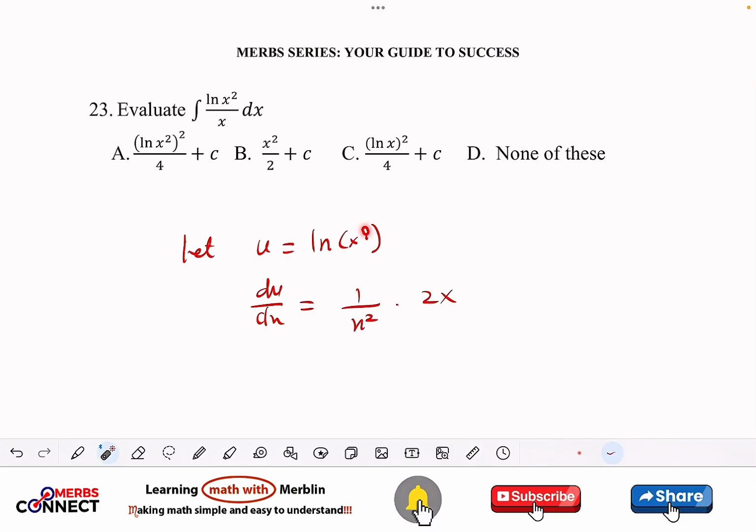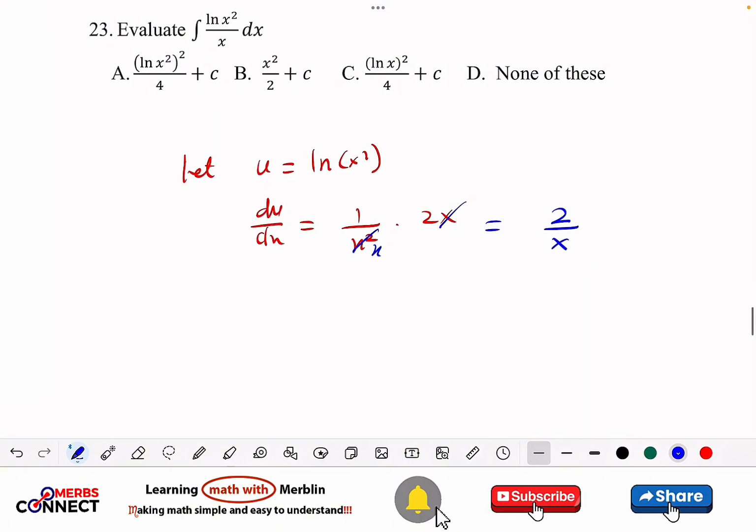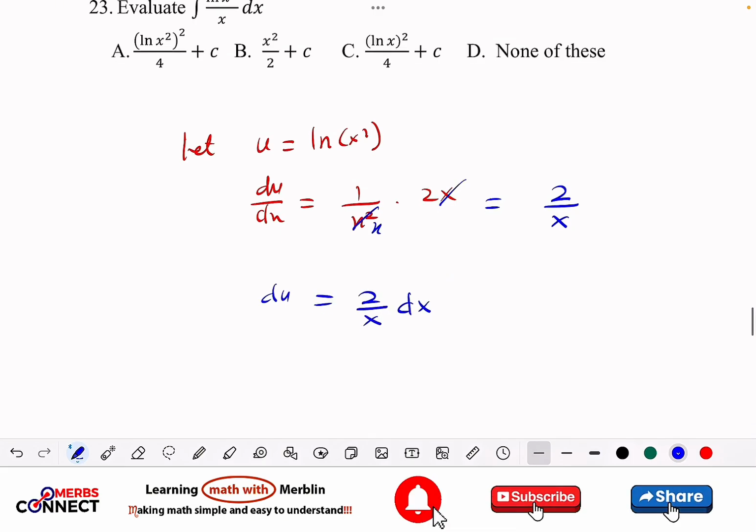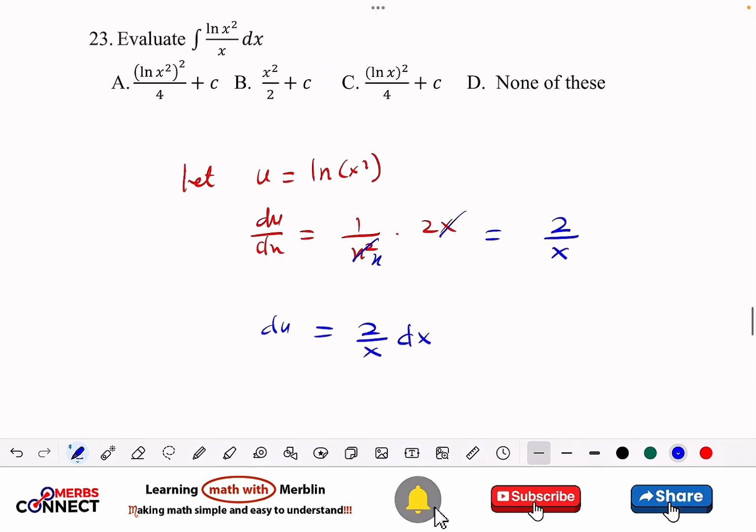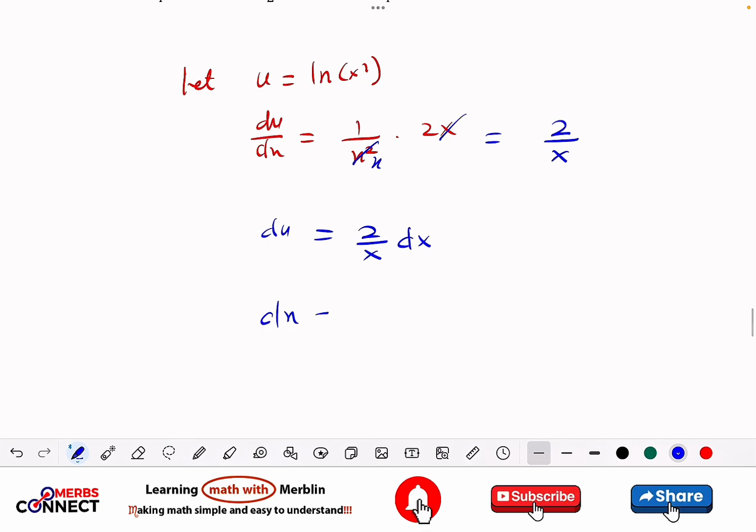So 1 divided by what is inside the parentheses times the derivative of what is inside the parentheses. One of the x will cancel one of the x here. So this will be left with 2 over x. So du will be equal to 2 over x dx. Is that right? Yes. And this implies that dx is equal to x du divided by 2.